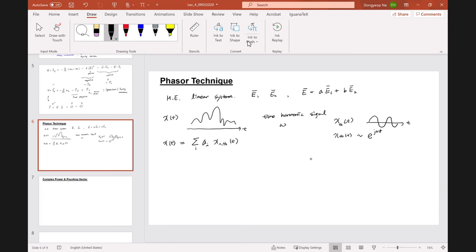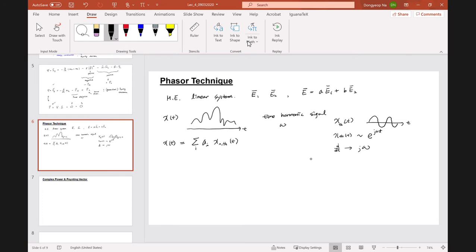If we operate the time derivative onto this signal, then it can be represented by just a j omega term. So a differential operator can be changed into a simple multiplicative factor, and solving the system becomes very easy and simple.